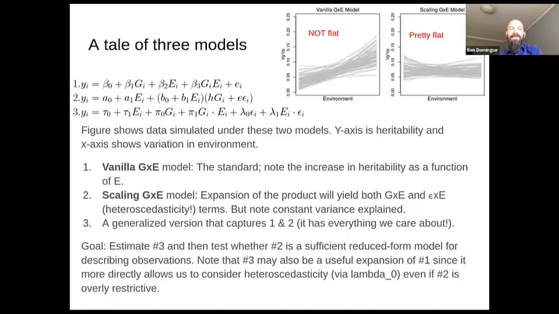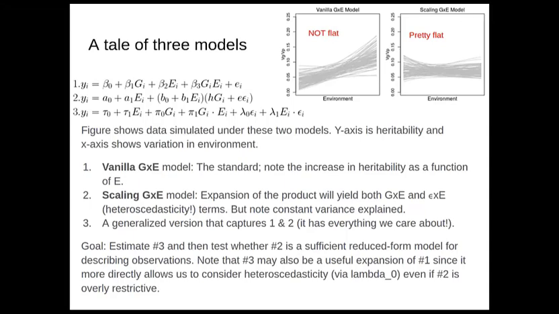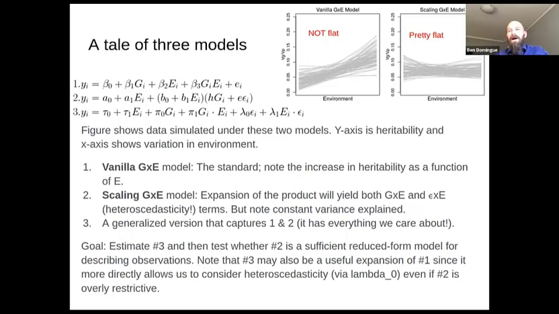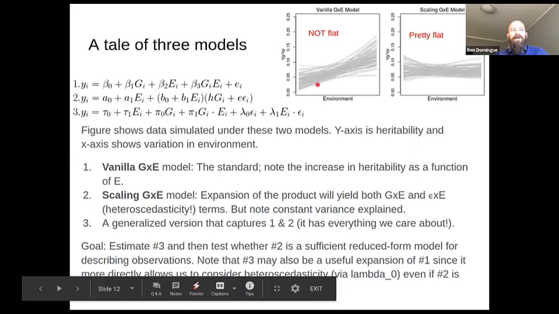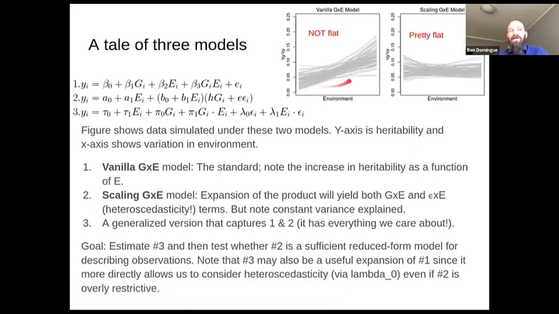Let me take a stab at explaining this again, because some of these things are relatively subtle, so going through it a second time is worth it. Our main concern is that we have traditionally cared about G by E in scenarios where we have changing levels of heritability as a function of the environment: low heritability at one environmental level, high heritability at another.